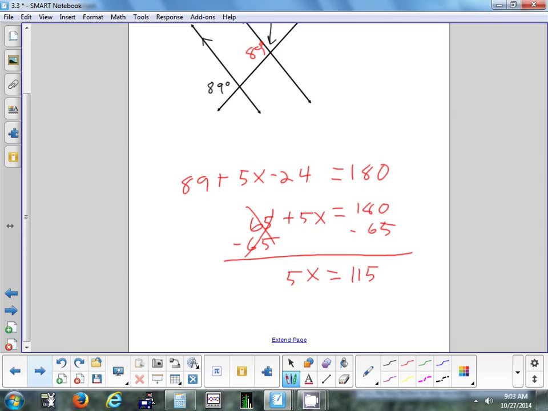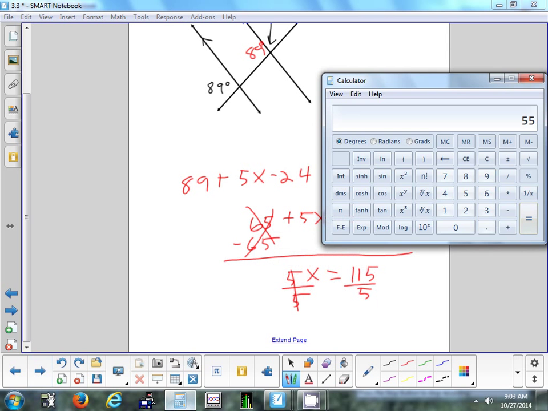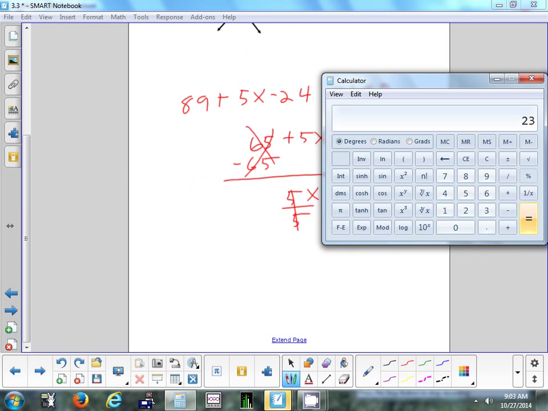And what's my last step? Divide by 5, divide by 5. 115 divided by 5 gives me 23.